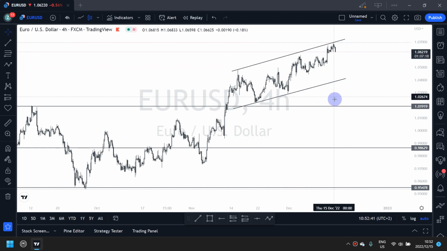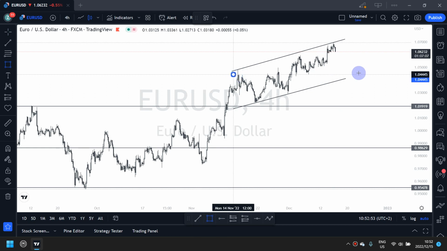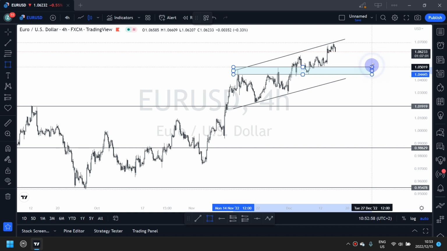So since now that I have my overall direction of the Euro USD, which is a buy, I do want to cater for the zone, a zone that I am seeing here, which is this zone. Yes, this zone.